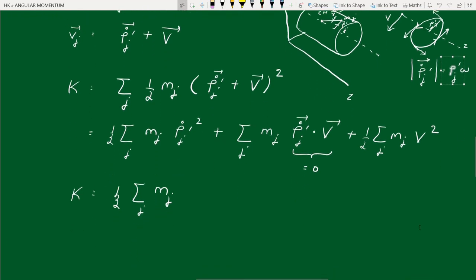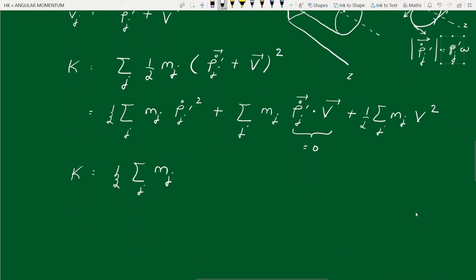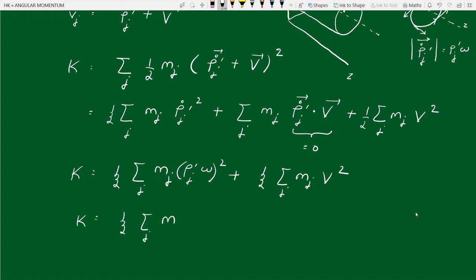So here this becomes mj rho j prime omega square, plus the second term is 0, and the third term is half sum over j of mj v square.